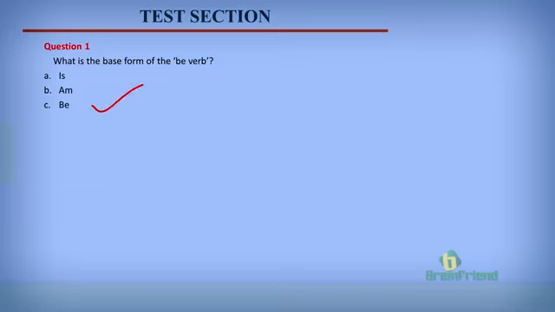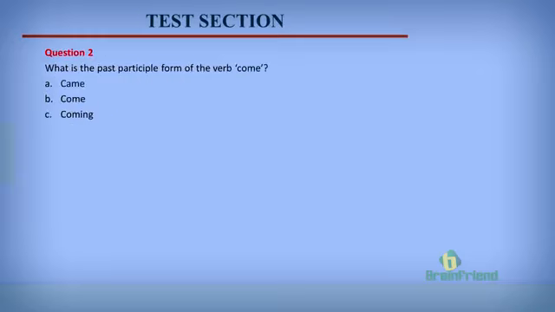Remember we talked about the be verbs, primary auxiliary verbs, and they have their forms as is, am, were, was, been, and be, being. And the base form of that be verb is the verb be. So if you picked option C, you are correct.